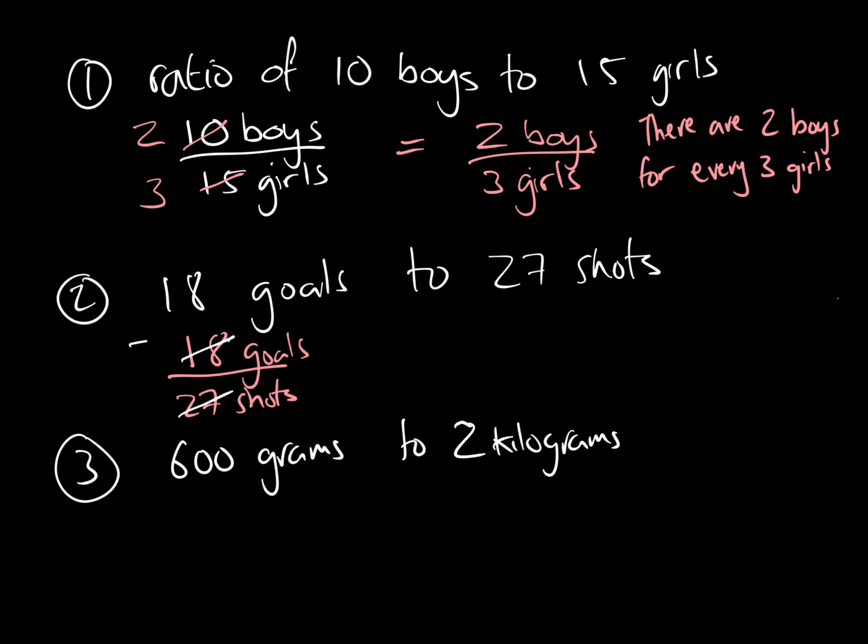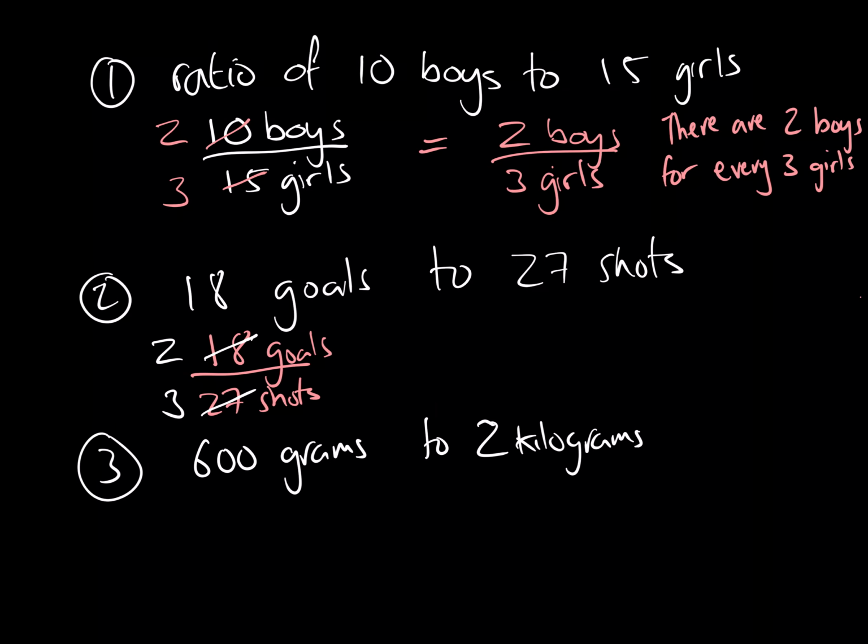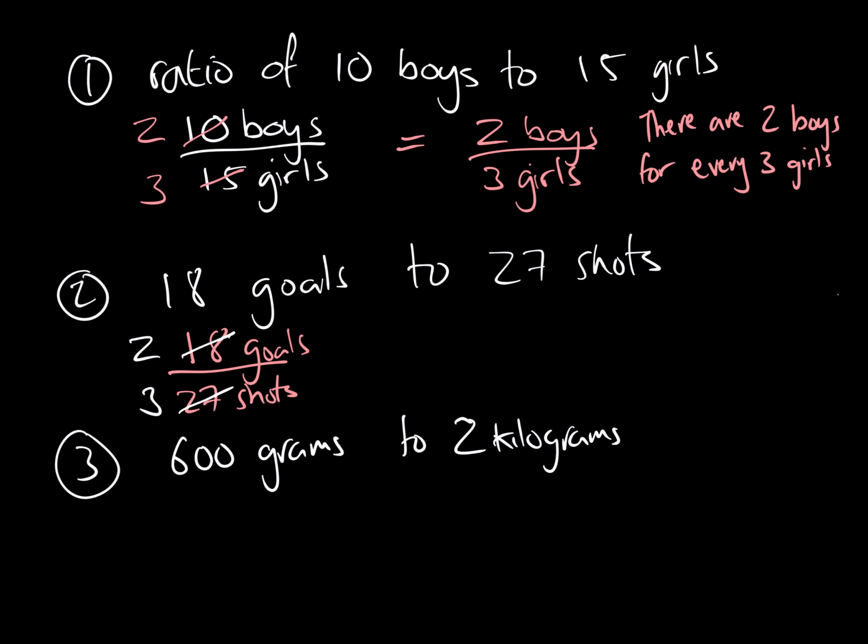So into 18 we have 2 9s, and into 27 we have 3 9s. So you can write this answer as 2 goals for every 3 shots. Or, like before, we can say he scores 2 goals for every 3 shots.